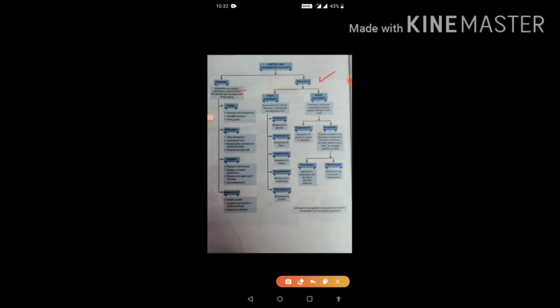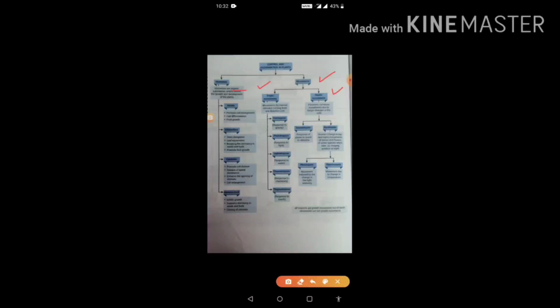Is the stimuli coming from inside the plant, or from the outside environment? Based on the source, movements are divided into two types: tropic movements and nastic movements.